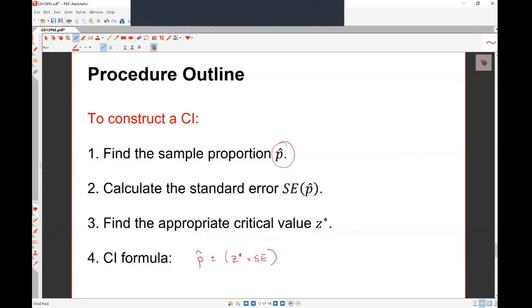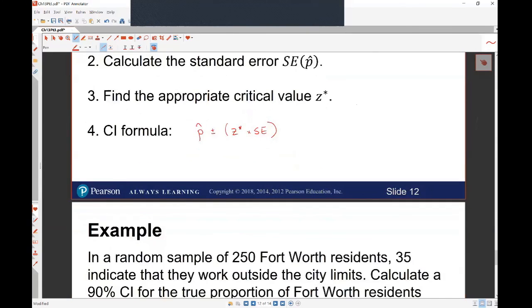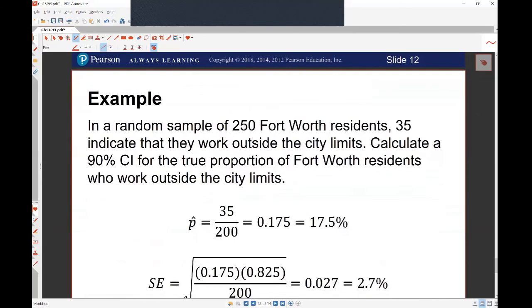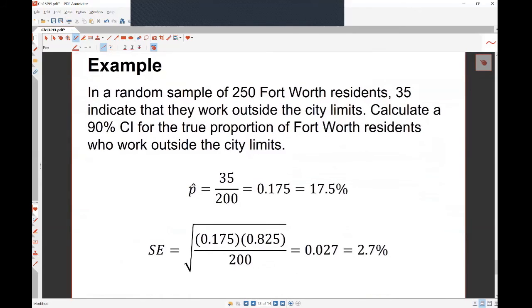So I have one example to wrap up with today. I'm not going to delve into these calculations too deeply, but let's just take a quick look here. Let's say we take a random sample of 200 people who live in Fort Worth. We are interested in knowing what the true proportion is of Fort Worth residents who work outside the city limits.